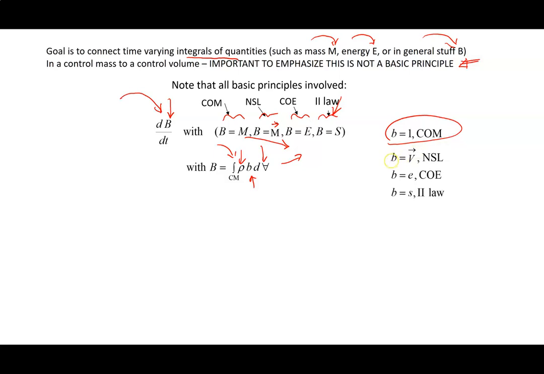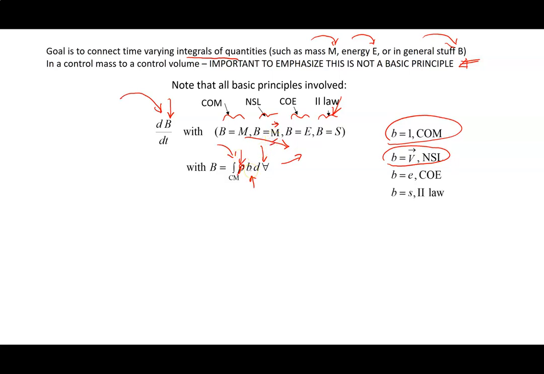If on the other hand, b has the value V, then I'm talking about Newton's second law. V, remember, is the velocity of the fluid measured with respect to an inertial reference frame. So everywhere I have rho dV is the mass, and then I multiply that by the velocity in that region and add all of them together. Essentially, then I'm going to get the total momentum.